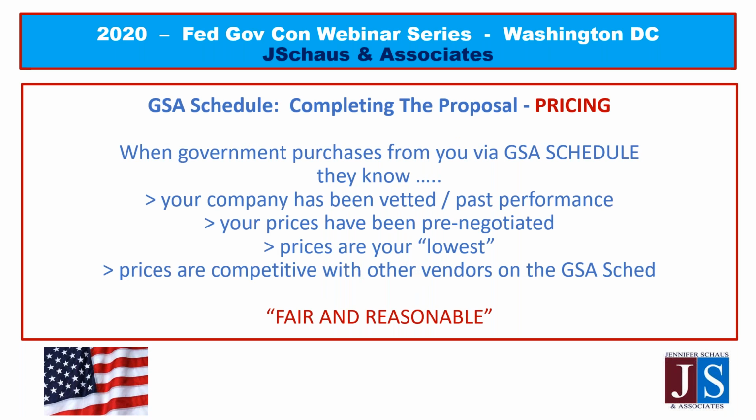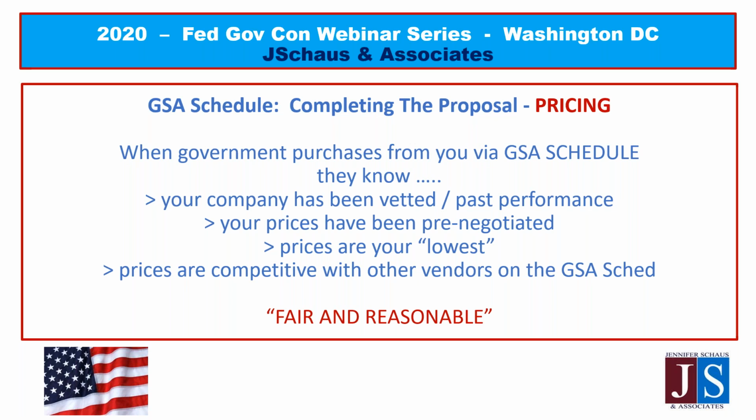The goal of the pricing section of your proposal is so that when the federal government is purchasing from you, specifically through the schedule, they know that A, you've been checked out, you meet all the requirements, you didn't just start your company yesterday and you're just kind of winging it.